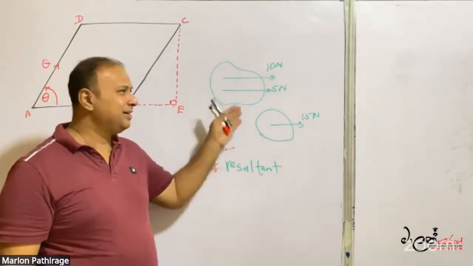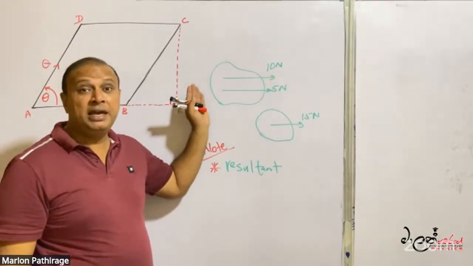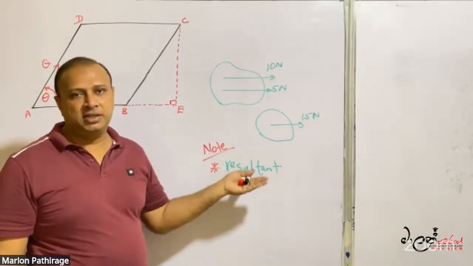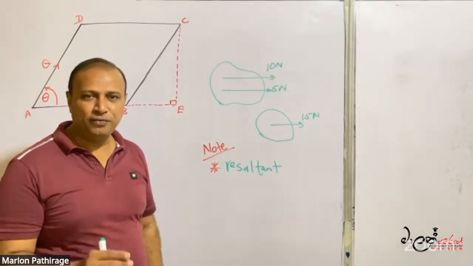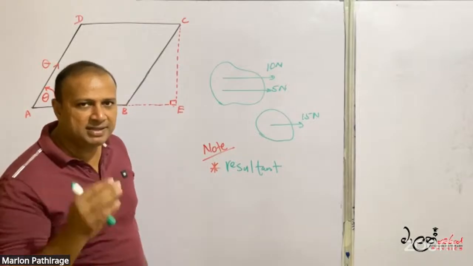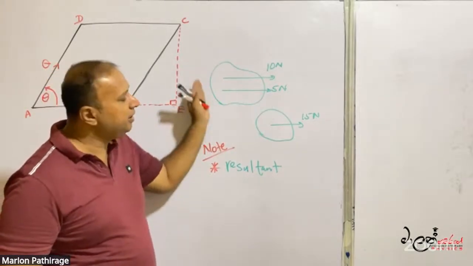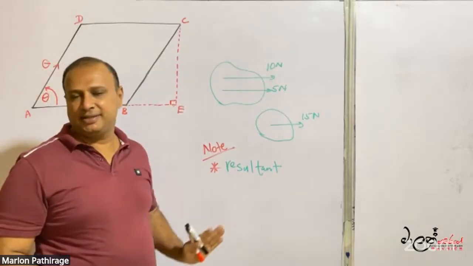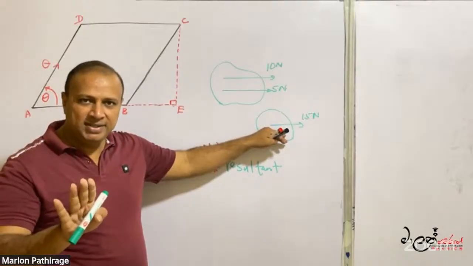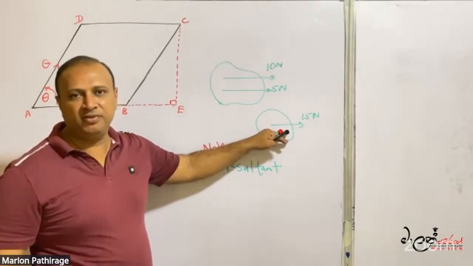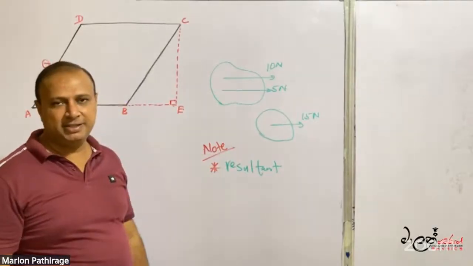Now there are only two vectors in this system today, but sometimes there may be a lot of vectors, more than two. Therefore, the resultant vector is a single vector that can replace all the vectors in the system. The resultant vector gives the same end result as the vector system.